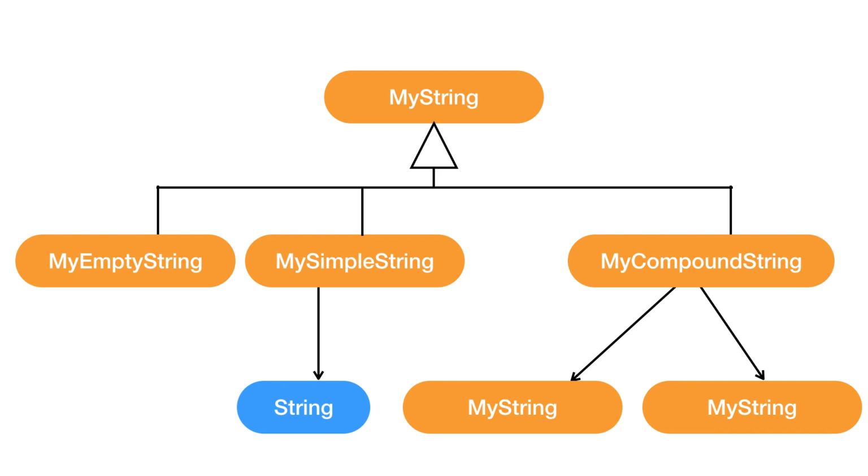I'm going to have some sort of myString class. It could be empty. It could be a simple string, which might be a substring of another string and builds off a Java string. Or it might be a compound string of some sort, which takes two myStrings as arguments. So the myCompoundString will help us build the left plus right, and the simple string will let us get the ranges. Let's go ahead and use that design idea as the starting point.